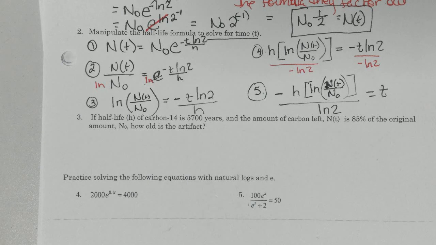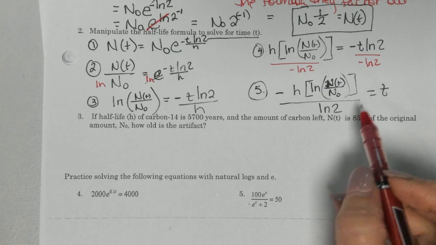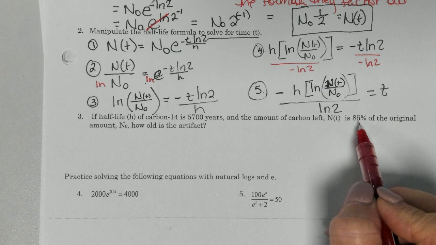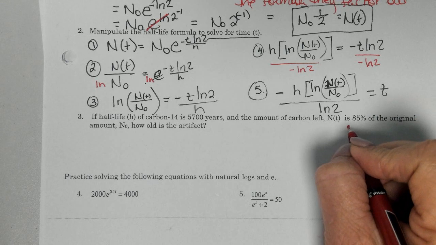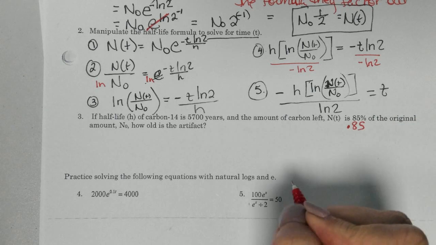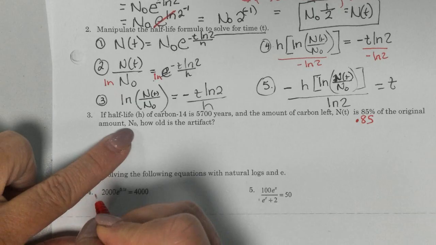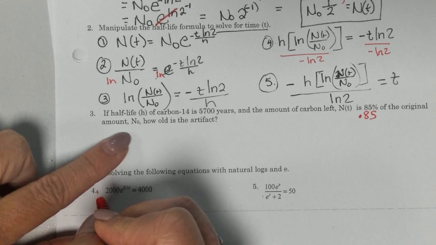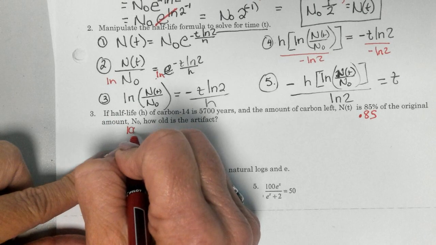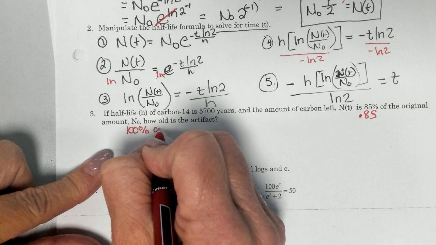What I want to point out is they are giving us what's left and what we started with, but they're giving it to us in the form of a percent. If what remains is 85%, that's 0.85 of what we started with, which was 100% or 1.